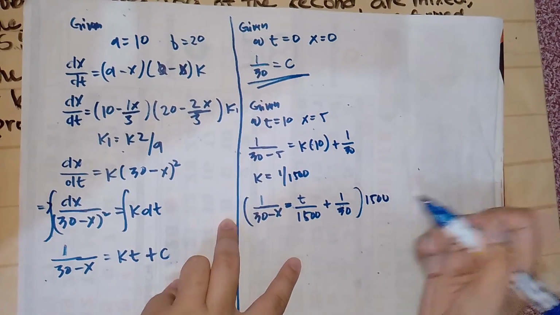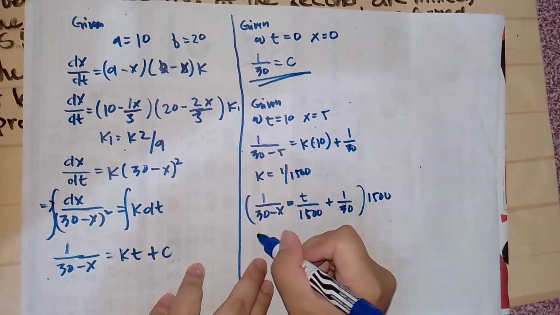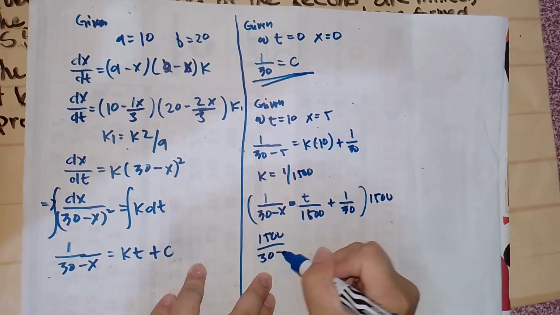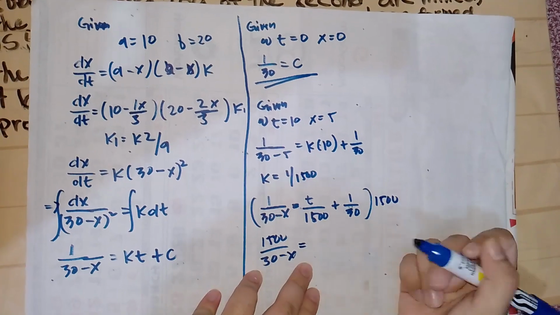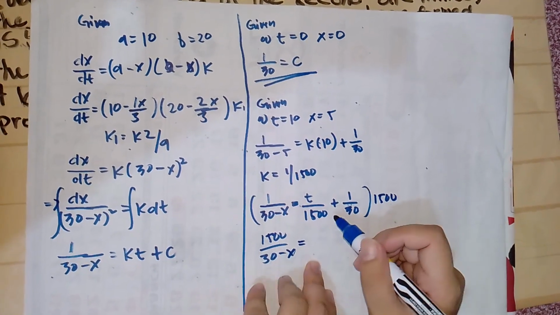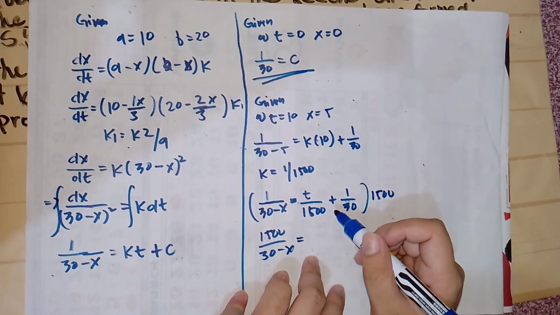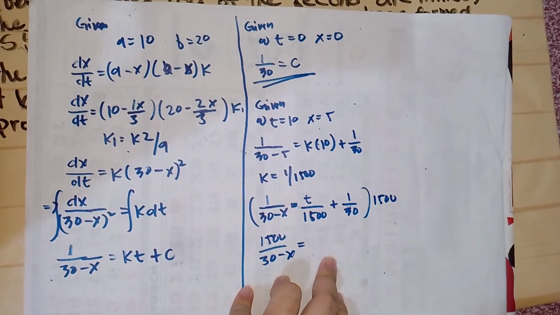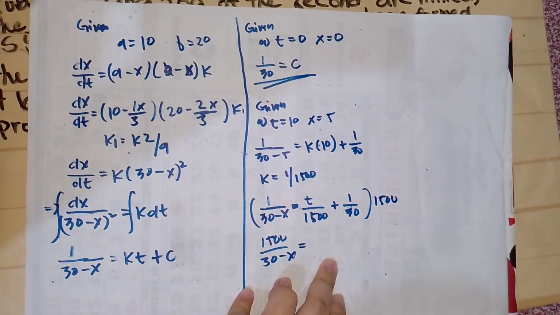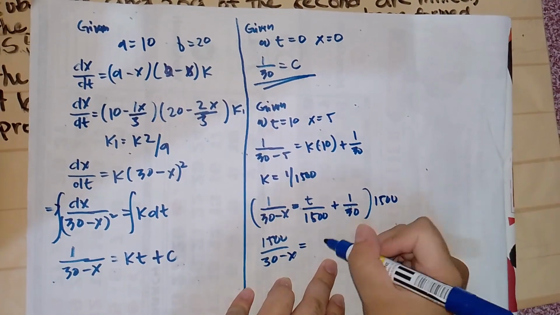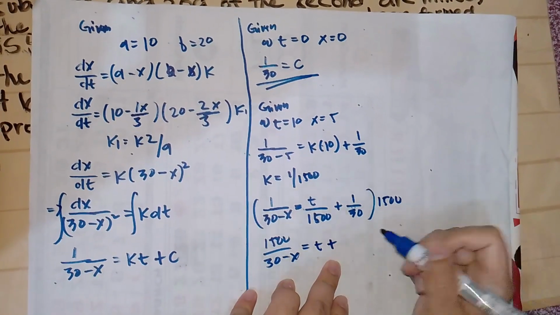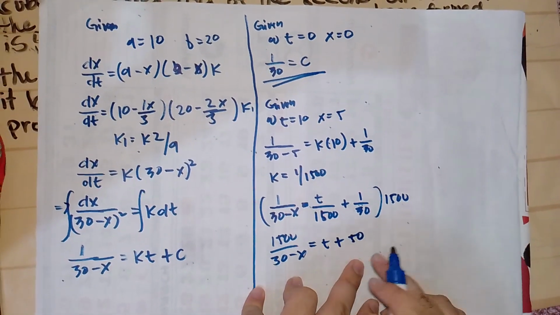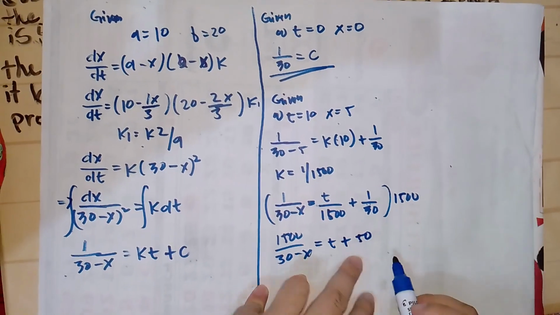So we have 1,500 over 30 minus x, which is equal to t plus 50, since 1,500 over 30 is 50.